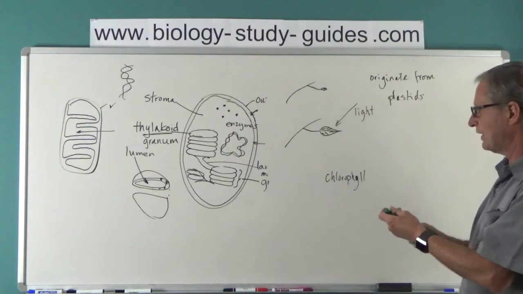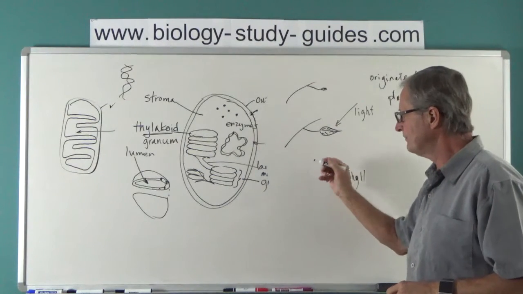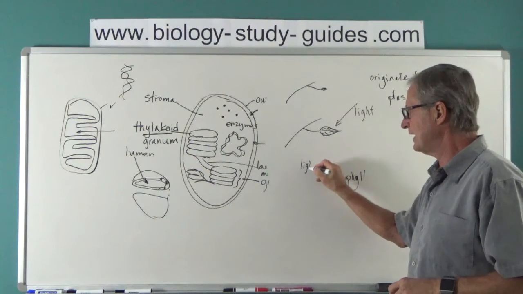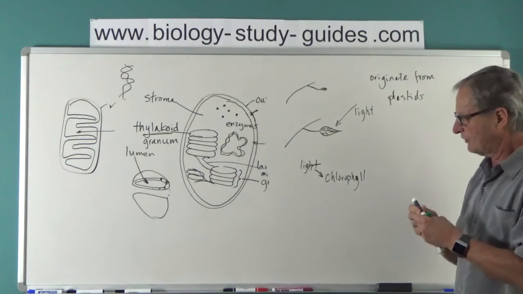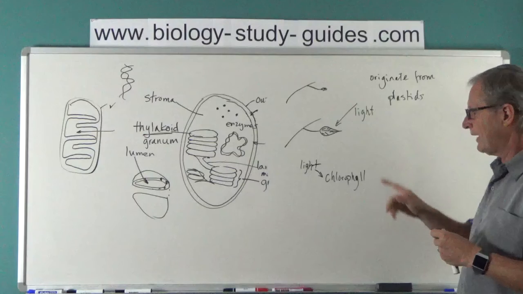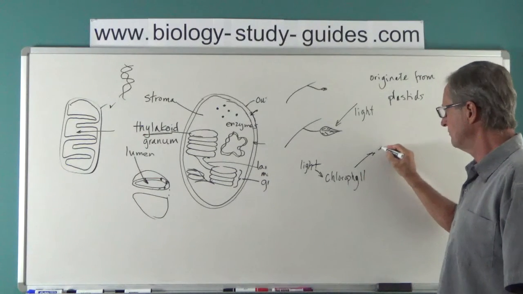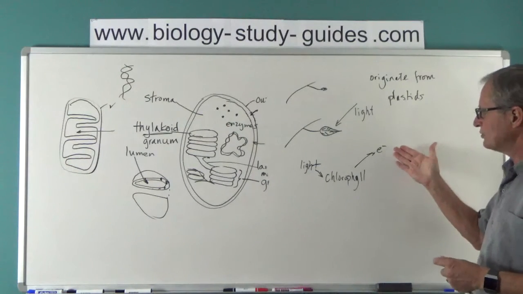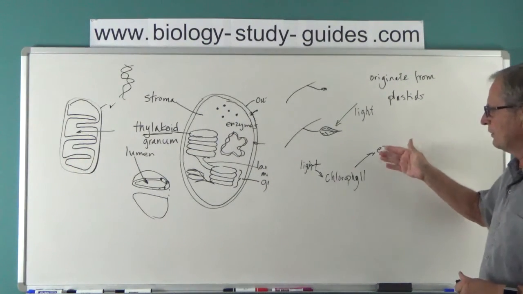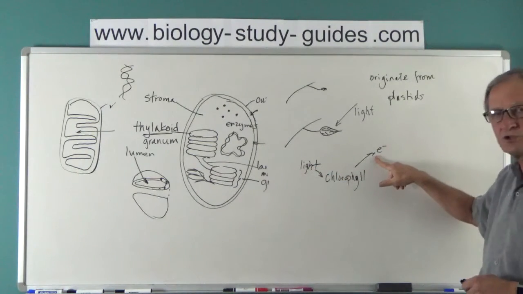Well, what happens when light shines on chlorophyll? So the light, I'll put the light here now. It's shining on the leaf, and chlorophyll is a very large molecule. What happens is it releases an electron. By releasing the electron, the light energy is transferred to the electron.